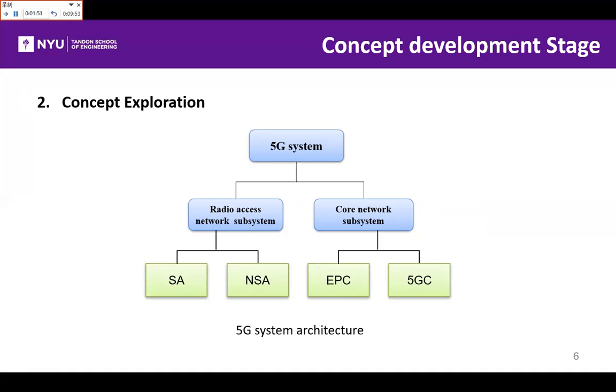It is cloud native, so implementing 5GC could reduce the cost of physical resources. A clear understanding of subsystems and their functions could help us conduct the concept exploration and prepare for the next stage.